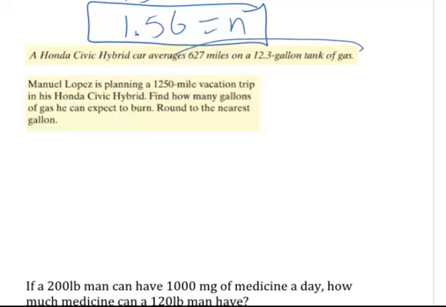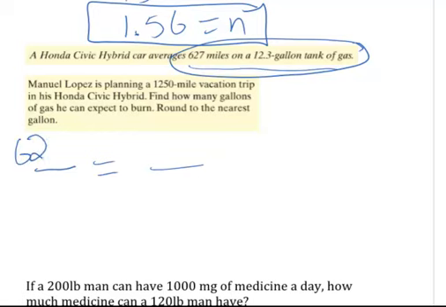This piece of information right here is going to help me set up my problem. Since we've been doing proportions, we've had one fraction equal to another fraction. This piece of information is going to tell me how to write my first fraction. I'm going to say that we can go 627 miles on 12.3 gallons of gas.